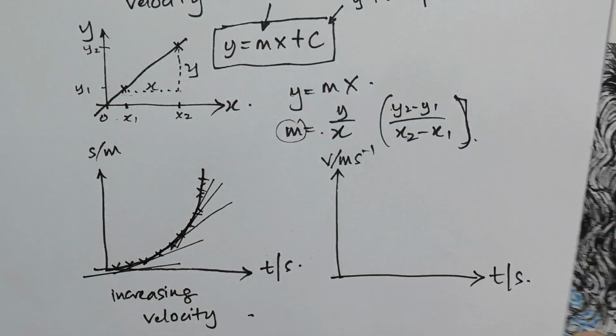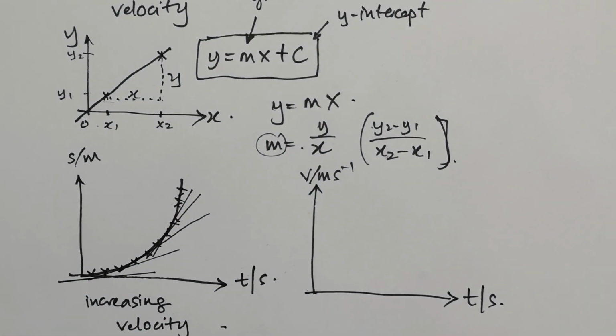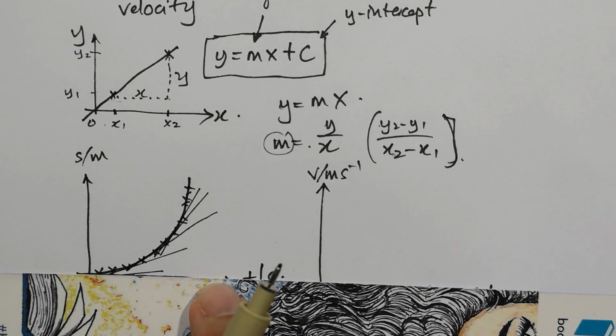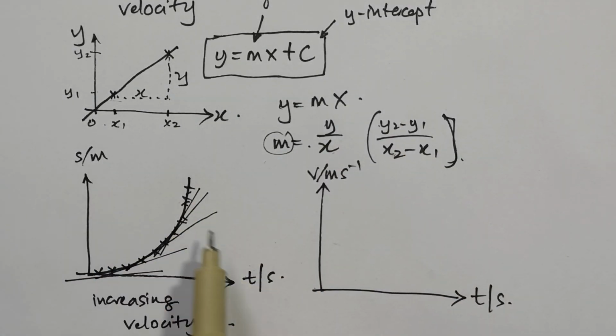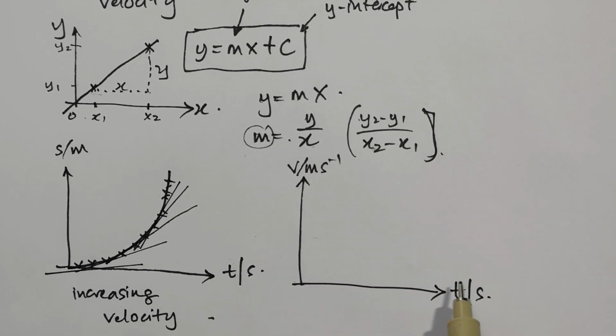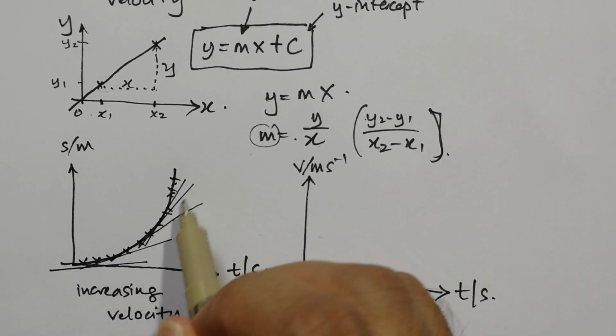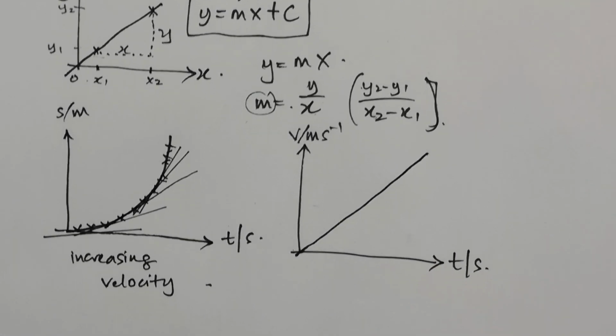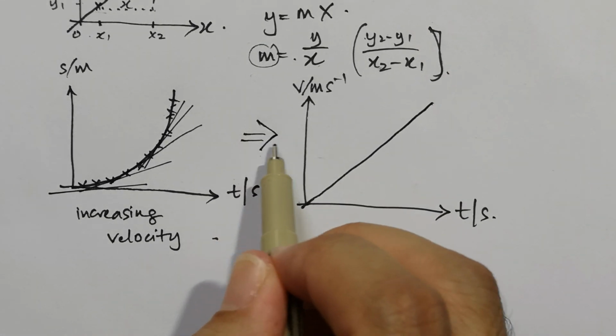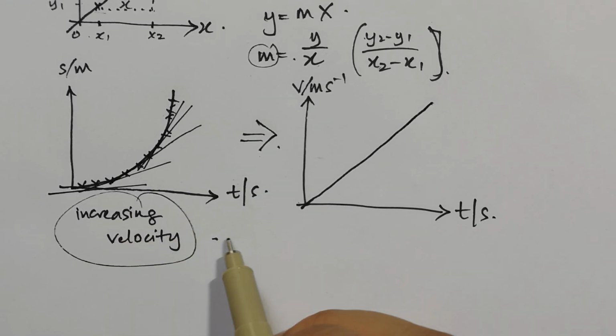So when the gradient increases, initially it's flat, so it's 0. As the gradient increases, the gradient of the displacement time graph gives you the velocity time graph, and over here the gradient increases, so the velocity increases in a straight line. And it's true, it's increasing velocity.